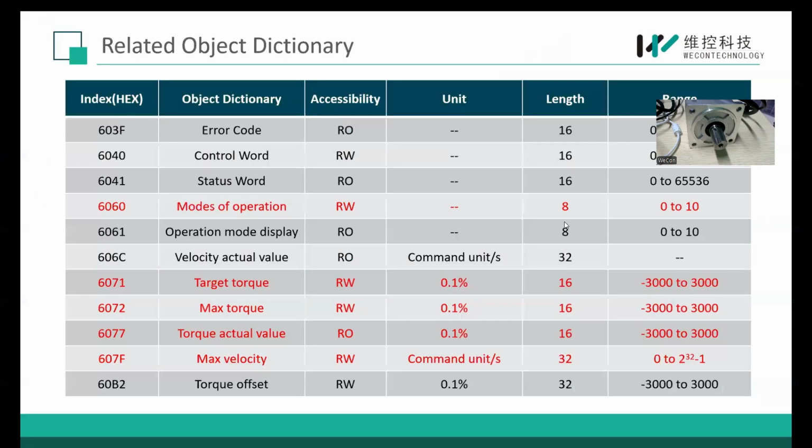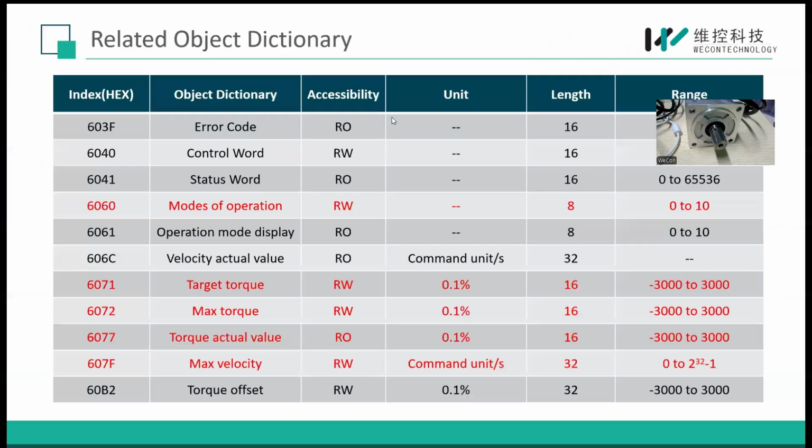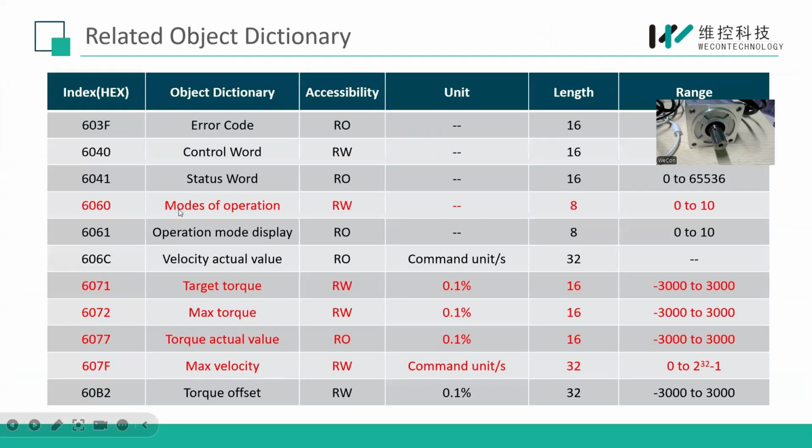Some relative object dictionary. First, we need to use 6060 to set the operation mode. The range is from 0 to 10, and for CST mode, we need to set this as 10. And also we need object dictionary to set our target torque and max torque. And we also have an object dictionary to feed back the actual torque.